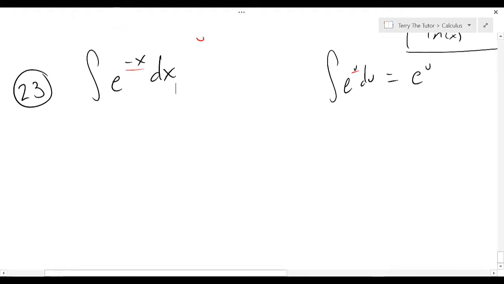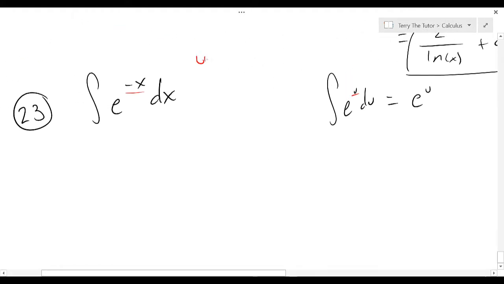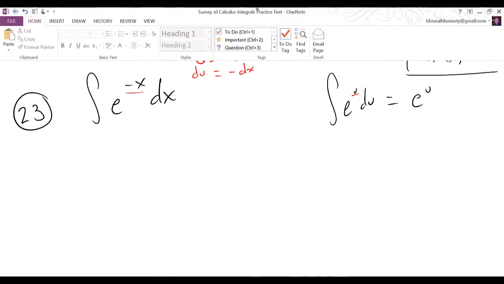If u equals negative x, then du must equal, well, let's see, negative 1 dx, which is negative dx.